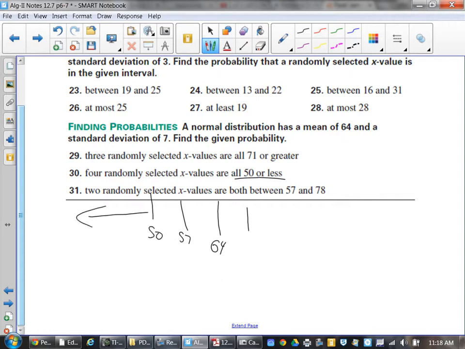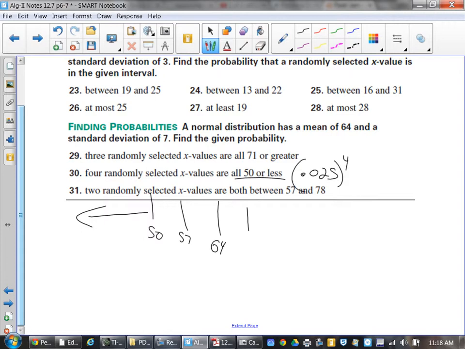And I want to be less than 2 standard deviations away. So I'm looking at these two right here. All you do is add them up. So then I get 0.025, and then I want to do that 4 times. So I either multiply it 4 times out, or I just raise it to the 4th power.